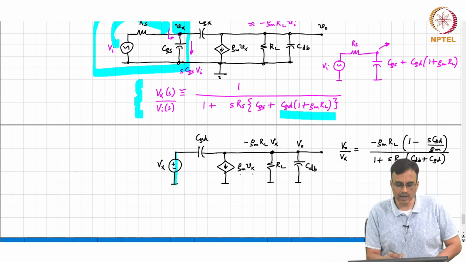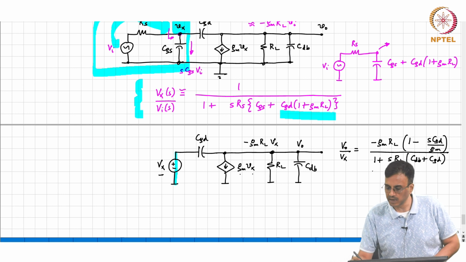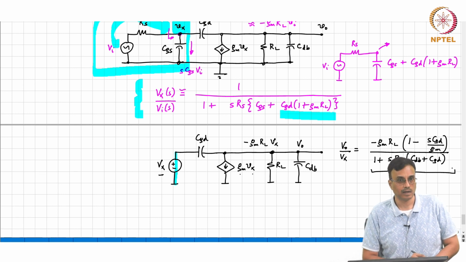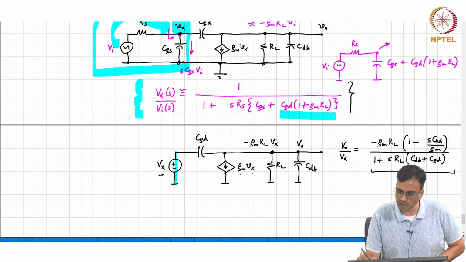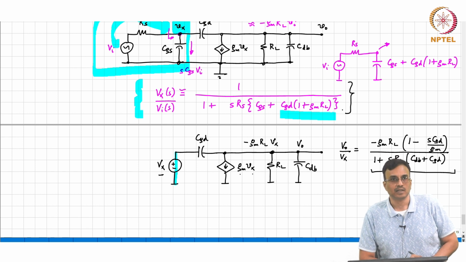So, this is just telling you that if this was a voltage source Vx, the transfer function from Vx to Vo is simply this. And is this approximate or is this exact? This is exact, right? There is no approximation here at all. The only approximation is coming because the input to Vx is approximated, because we said that at low frequency the output is approximately minus GMRL and so on.